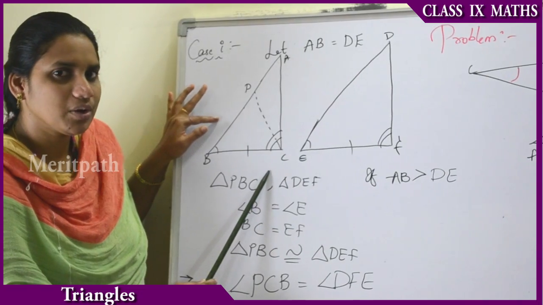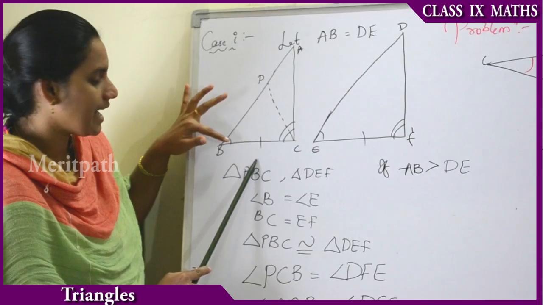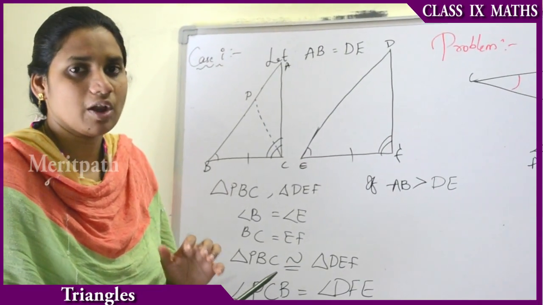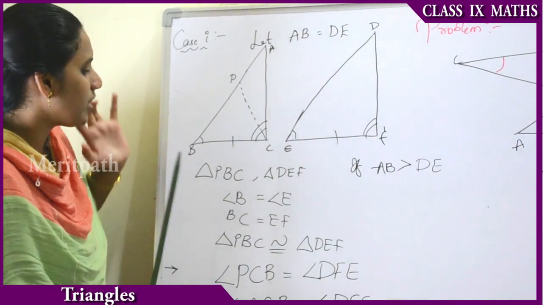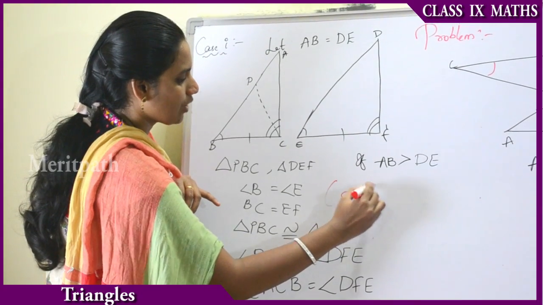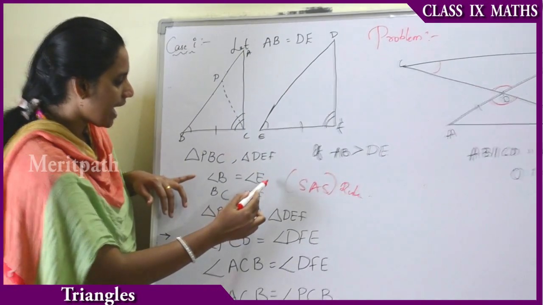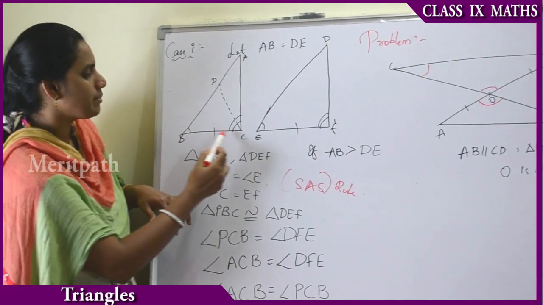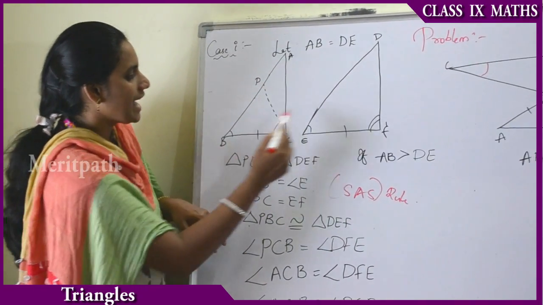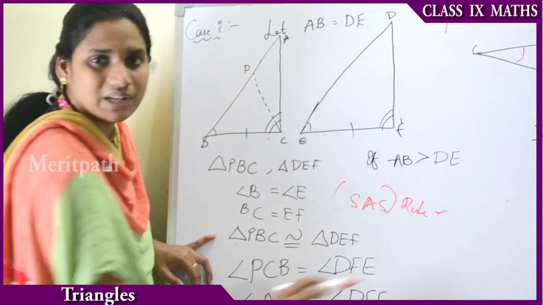According to the side angle side rule, when these two sides are equal for the two triangles, the angle included between them will also be equal. Therefore, with the help of that rule, angle B is equal to angle E, and the side BC equals EF, so these two triangles are congruent by the SAS rule.